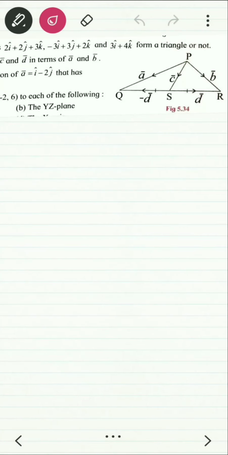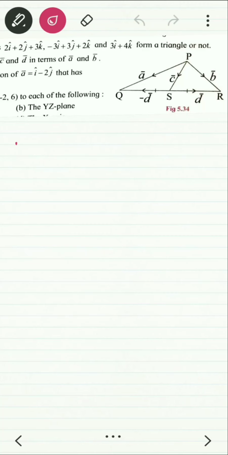We move on to the next sum. Again the question is not very visible over here, but the figure is visible. You have to use this figure and express the vectors C and D in terms of the vectors A and B in the triangle PQR. Here we take the triangle PQS which is given there.